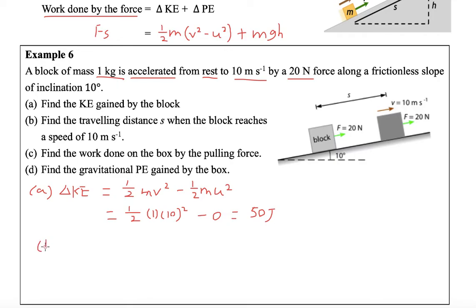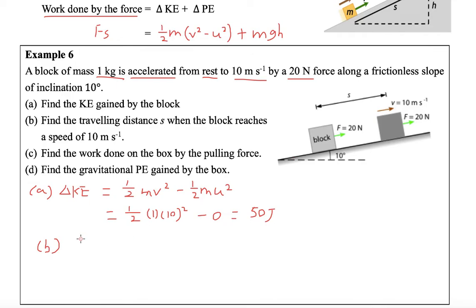And the second part asks for the traveling distance s when the block reaches a speed of 10 meters per second, which is the same case here, because it goes from rest to 10 meters per second. How do we find this distance s? Remember, work is done on this block, which should be the same as the change in KE plus the change in PE for this block.